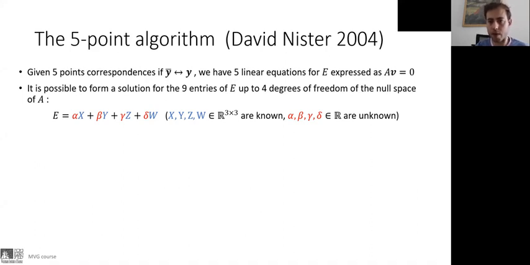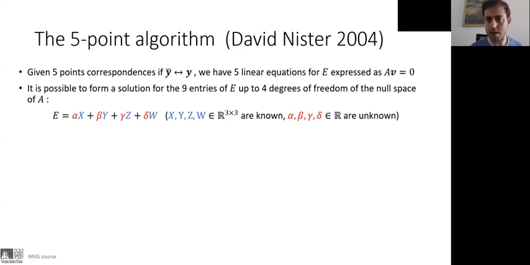So we have 4 degrees of freedom for the null space of A, where V should be the null space of A. Okay, so we actually have a decomposition of E into a linear combination of 4 known matrices that are the reshaped versions of the 4 vectors that span the null space of A. And we don't know the coefficients. We can just for now choose them. For every choice of coefficients, we get a correct solution for our 5-point correspondences. Okay?